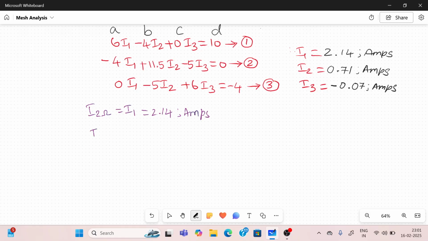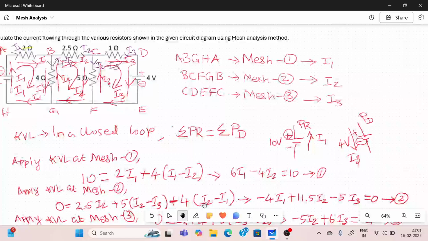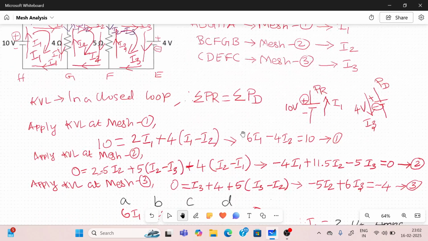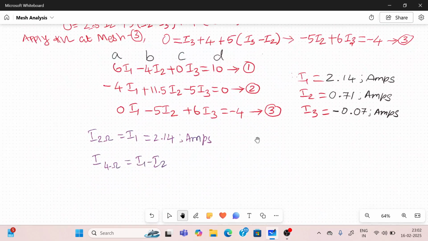What about the current flowing through this 4 ohm resistor? I1 minus I2. The current flowing through the 4 ohm resistor is I1 and I2 both going, and I will find the 4 ohm current from B to G. So I1 minus I2. What is my I1? What is my I2? 2.14 minus 0.71.